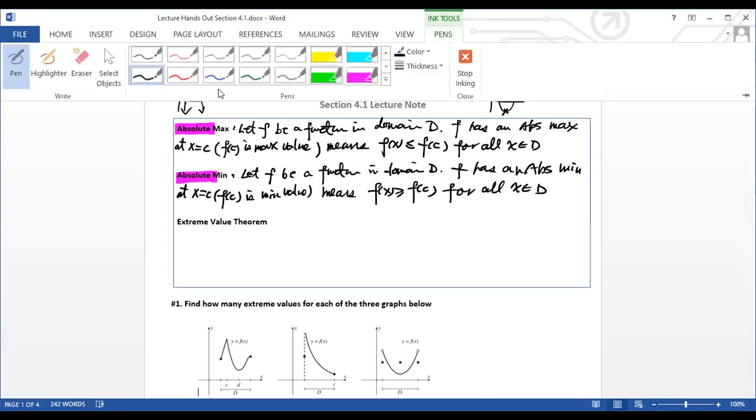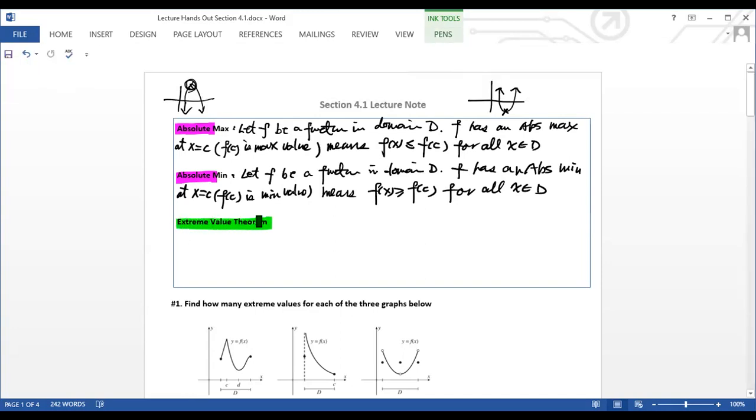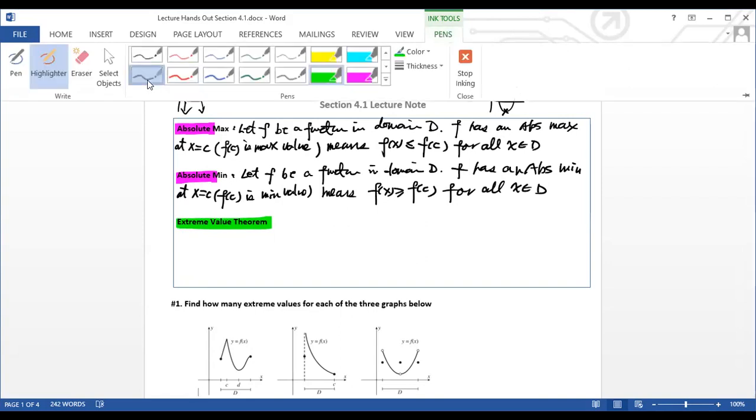Okay, so now we're going to introduce one very important theorem we call the extreme value theorem.